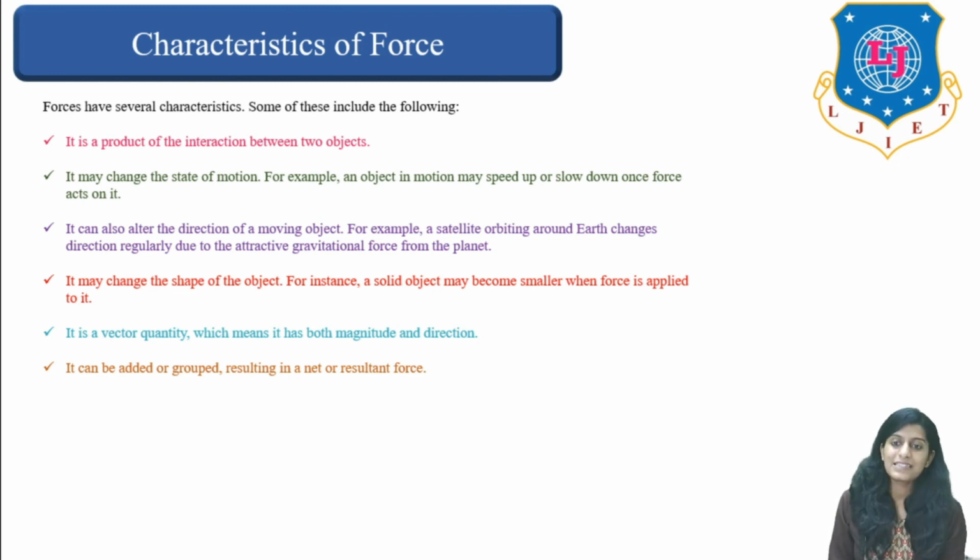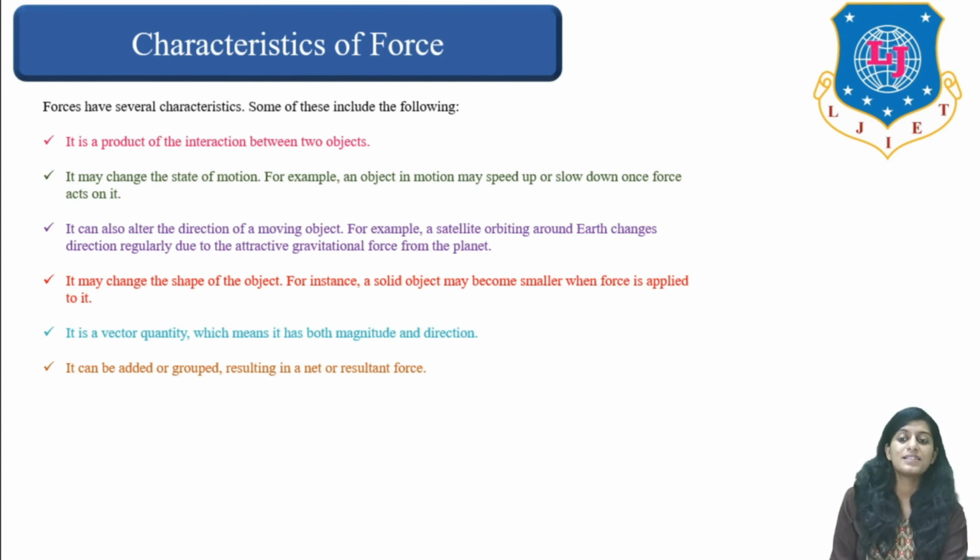And the last and foremost important characteristic of force is it can be added or grouped, resulting in a net or resultant force. You can apply different amounts of forces, or you can combine them and apply an equivalent amount of force together. Clear? So these are the basic important characteristics of forces.